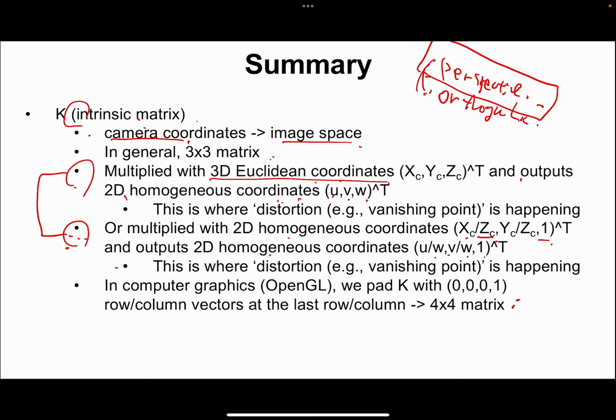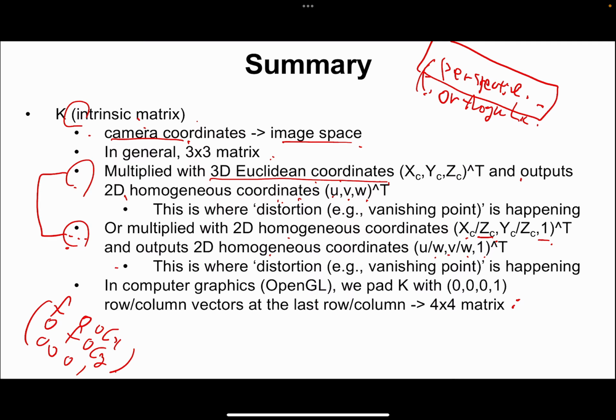By design, if the intrinsic matrix is focal, 0, CX, 0, focal, CY, 0, 0, 1, if K is like this, then that is saying we are going to introduce perspective projection. Then distortion is happening. Any discrepancy between 3D and 2D is happening.